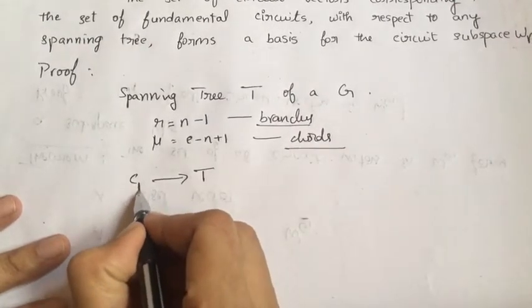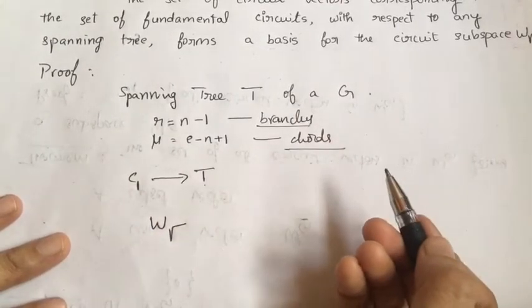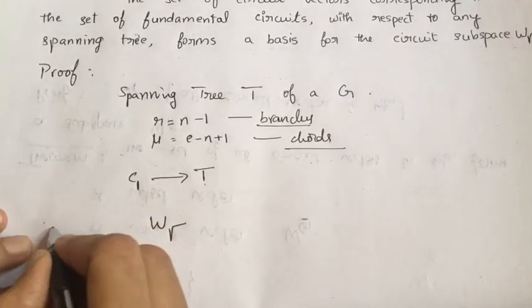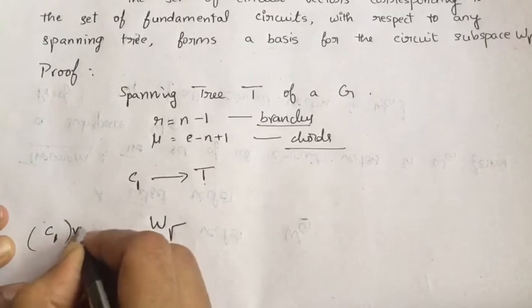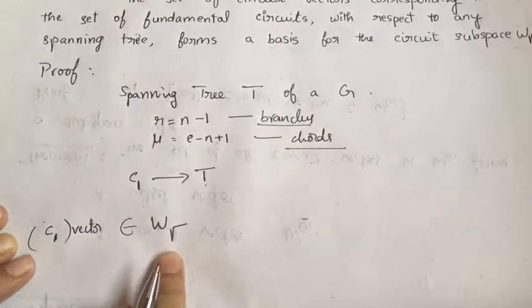Adding a chord C1 to the spanning tree produces a fundamental circuit, hence a corresponding circuit vector, say the C1 vector, and I'm including it in W gamma.